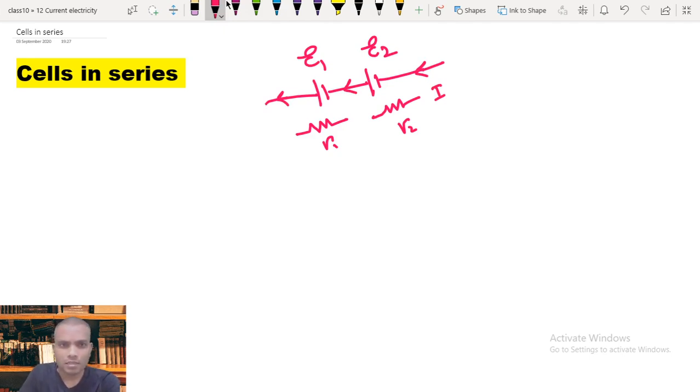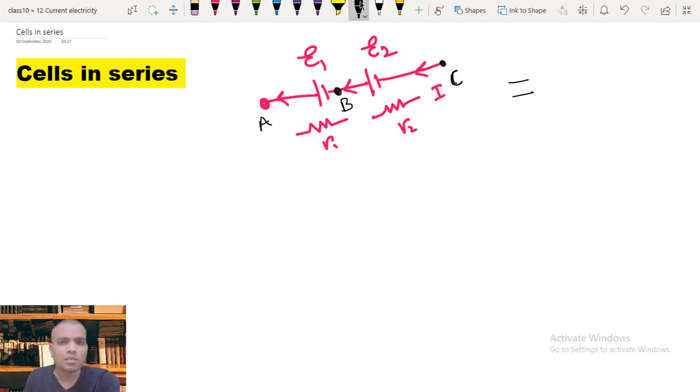If I is the current flowing through the cells, then to calculate the potential difference, let me consider two points. This is point A and this is point B. Along here is another point C. Suppose I draw an equivalent circuit by combining these two together.